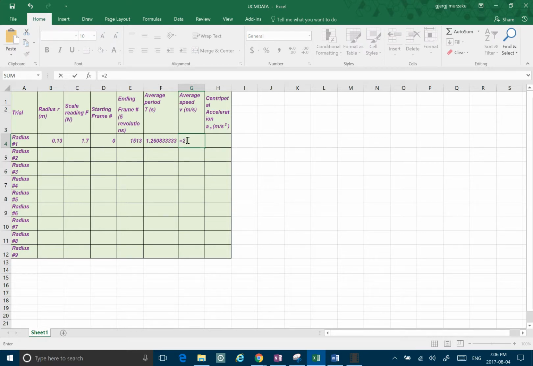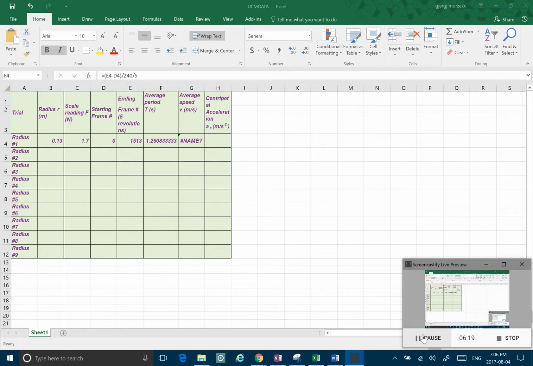So it's going to be 2 times pi times the radius, and that's the circumference, divided by the period.